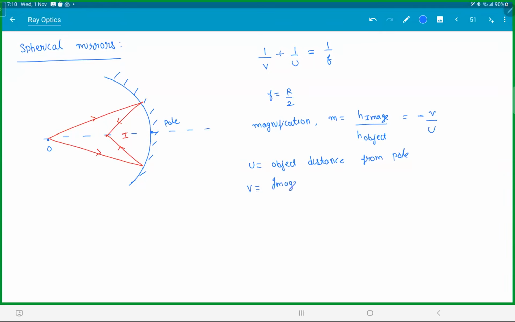V is image distance from pole. Basically, this is formula 1, formula 2, and formula 3. Three formulas. So important thing, U, V, and R should be taken with sign convention. Signs are important.